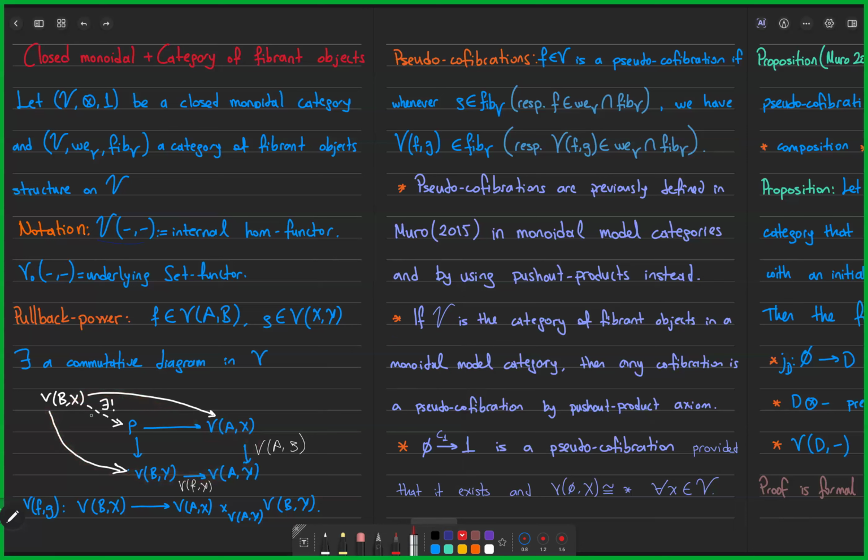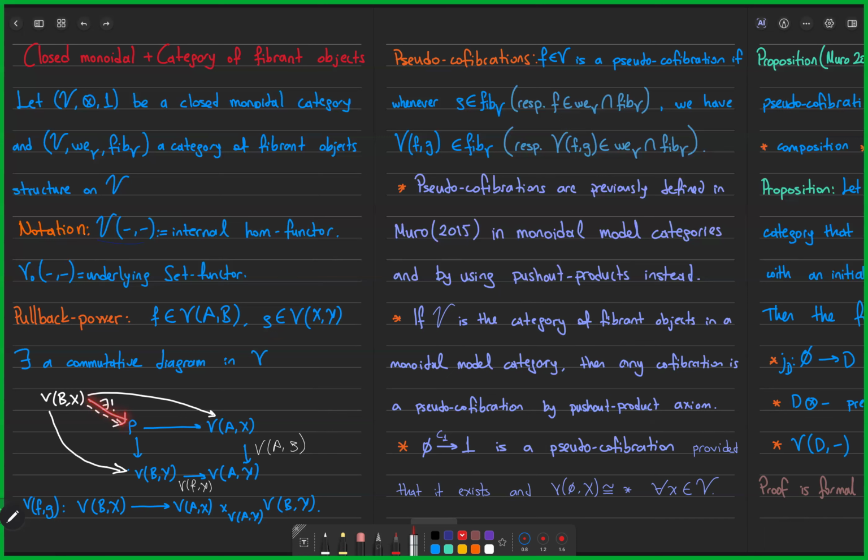So by the definition of pullback, there is a unique map. In a monoidal model category, if F is a cofibration and G is a fibration, then this map is always a fibration. And if one of them is acyclic, this is an acyclic fibration.